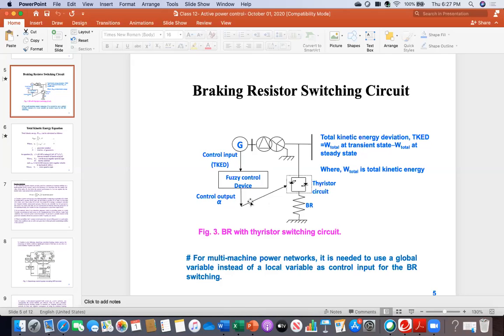Consequently, the performance of the braking resistor will be affected. Before processing it, by then there will be a lot of device damage in the system. Even though the braking resistor and the protective relay work, if it is well delayed, then system stability might not come back. The oscillation will go on.